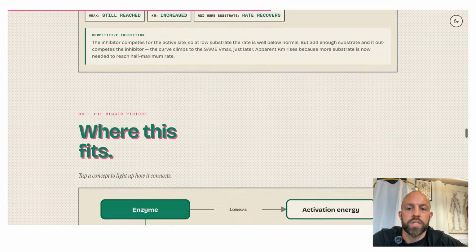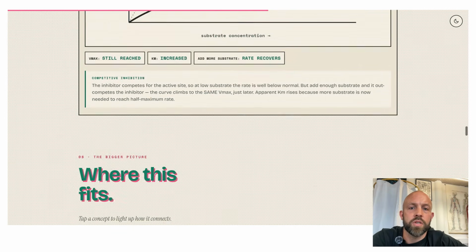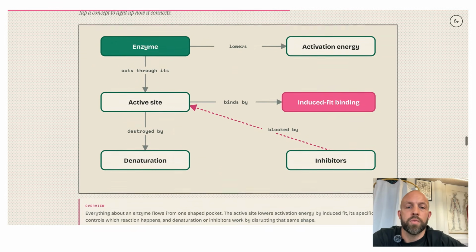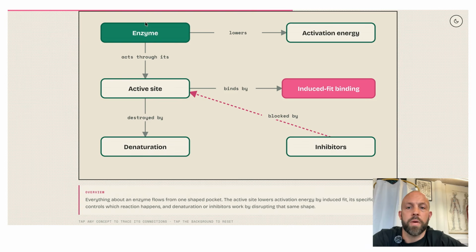So that's where it gets interesting with enzymes. We're going to speak more about them when we talk about respiration and the types of enzymes involved in those reactions. But to put it all together, think about some keywords. An enzyme acts on its active site. It gets destroyed by denaturation, which is pH and temperature. They bind by induced fit or lock and key, and the active site is blocked by inhibitors.